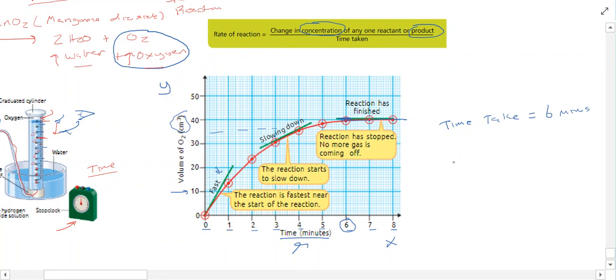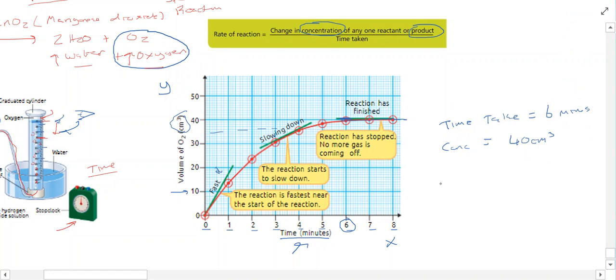And the change in concentration is equal to 40 cubic centimeters. So that's the concentration.